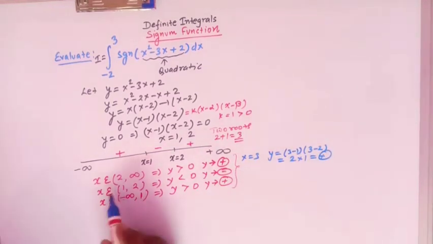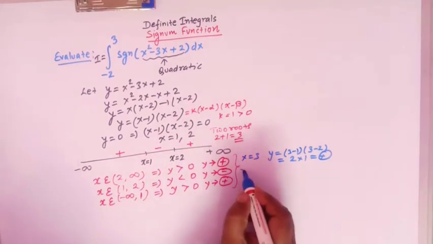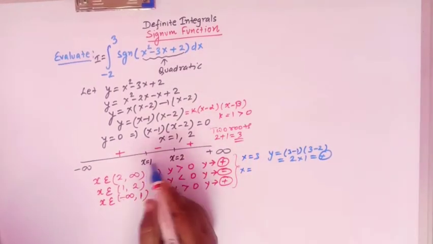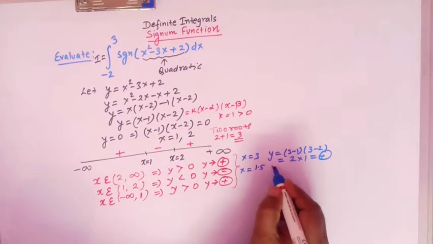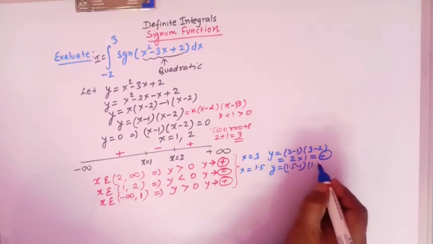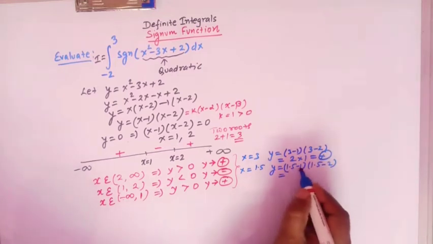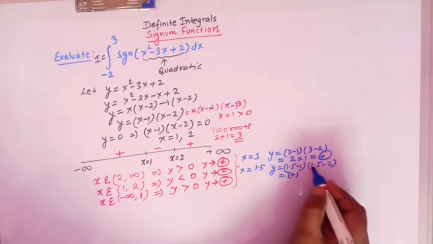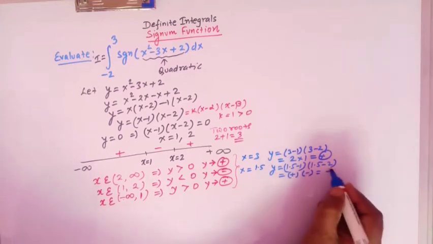And if we take the interval 1 to 2, and take a value, say 1.5, then the value of y is 1.5 minus 1 times 1.5 minus 2. So 1.5 minus 1 is positive and 1.5 minus 2 is negative, and the product is negative.